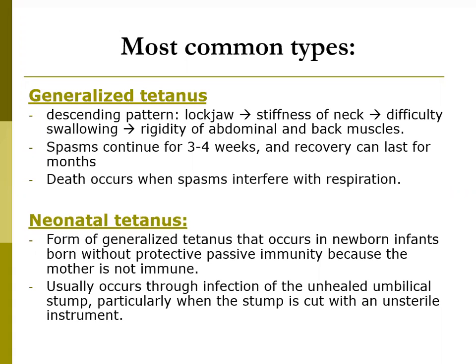So it usually occurs through infection of the unhealed umbilical stump, particularly when the stump is cut with an unsterile instrument. So definitely this condition is also part of how neonates get tetanus.